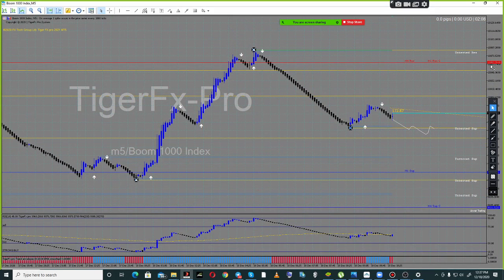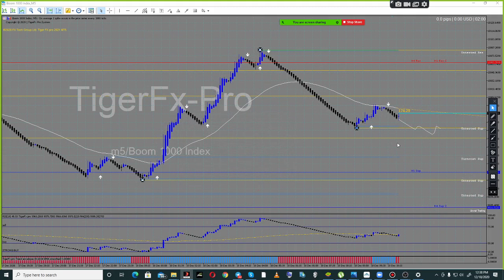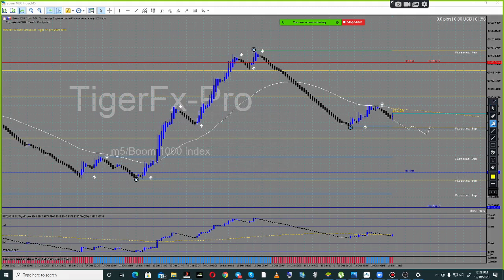So this is Boom and Crash. Here I'm going to do the same so you can see. I'm going to add the 50. It's a 5 minute time frame, guys. What you do, you look for a swing, and once you have a signal for entry, don't enter right away. You wait for the market to close above the 50.